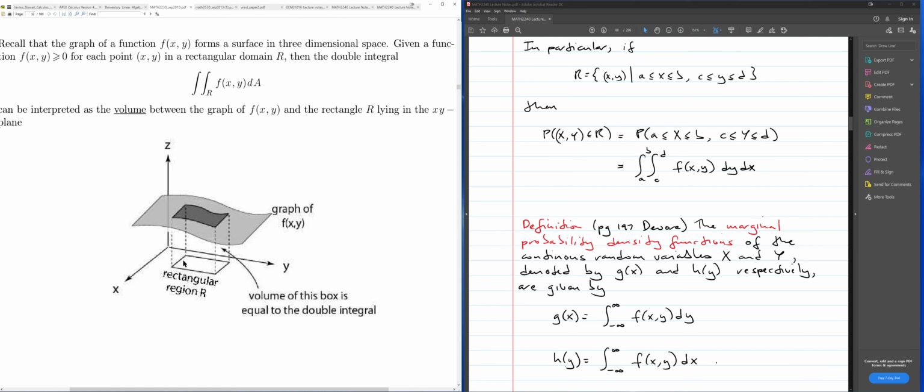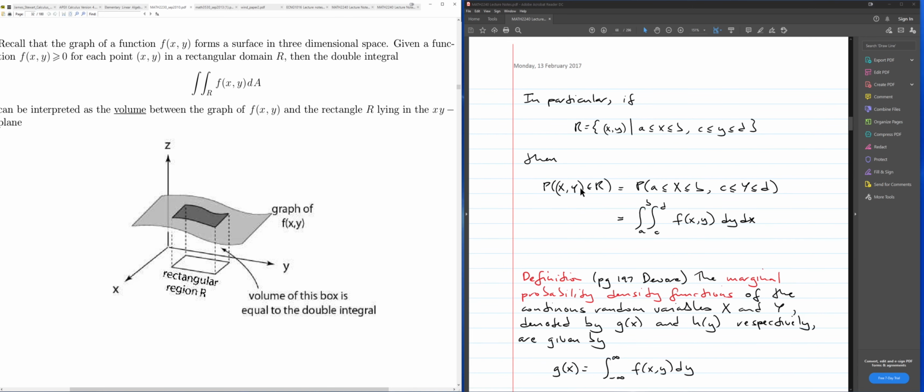In this case, if we want to get the probability of random variables lying in a region, the regions that we're going to work with would be rectangular regions in this class, in which case you're using this sort of setup over here. Matter of fact, you could almost always just integrate with respect to y, then with respect to x, have your y limits over here and your x limits over here.